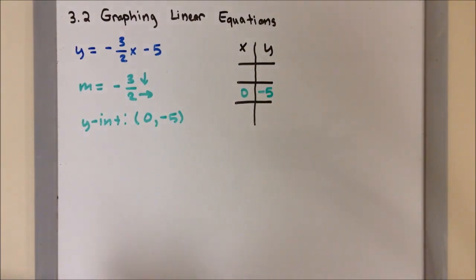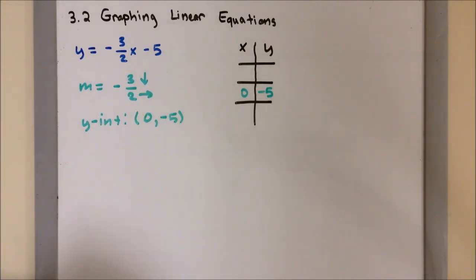Now, just like I said before, we have a fraction for our slope. So you have to be very careful what you pick for your x value, or you're going to have fractions for your y values, and that's going to be hard to graph.